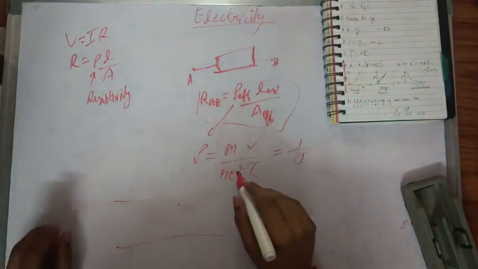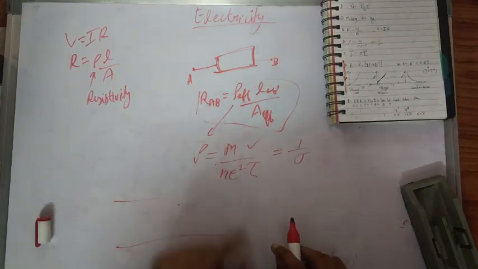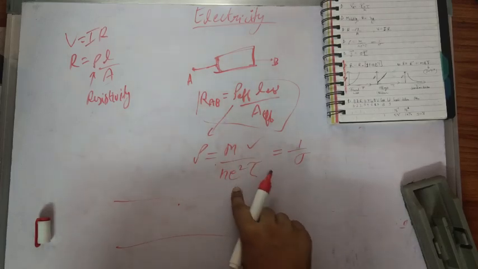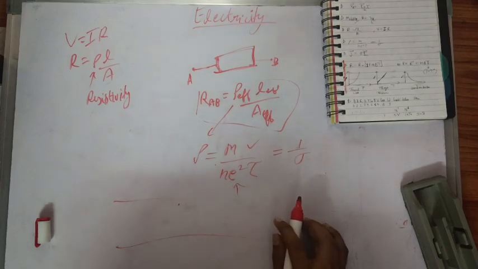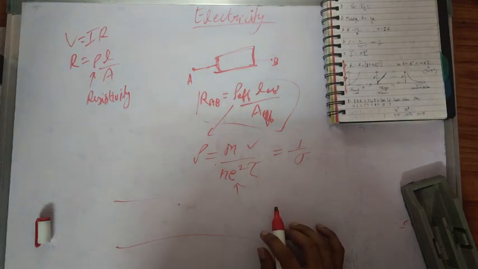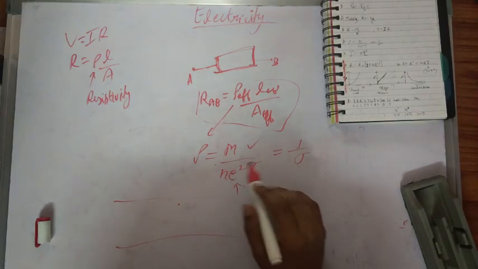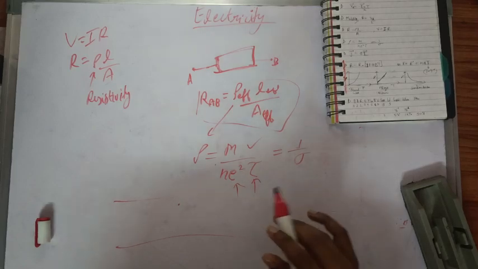That's why resistivity is inversely proportional to the charge squared, and this square comes from some derivations.